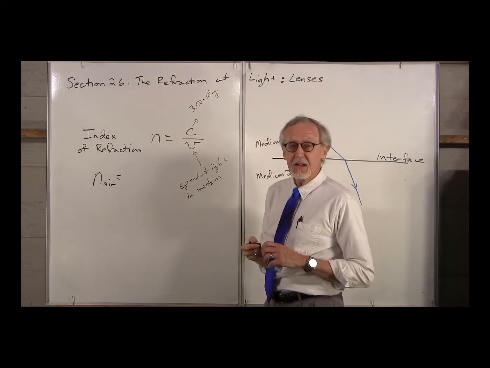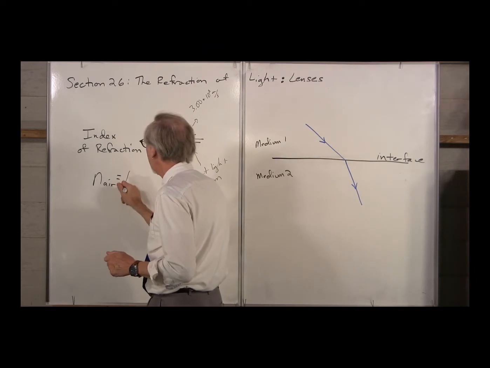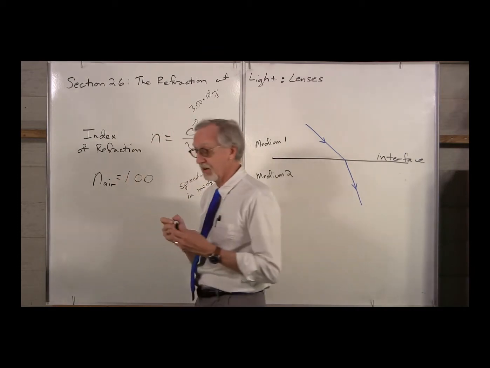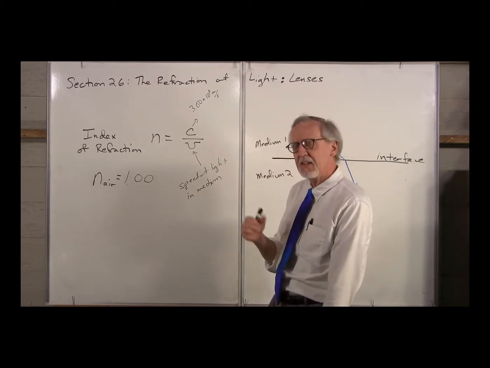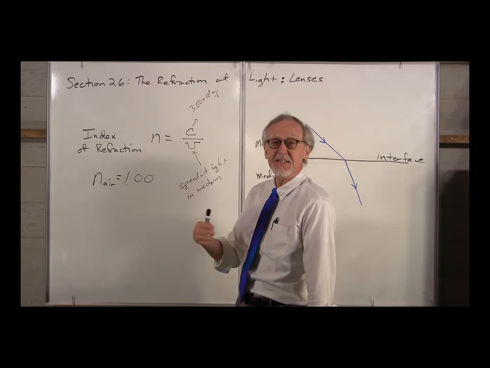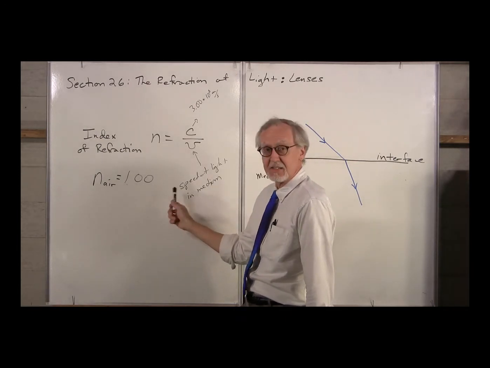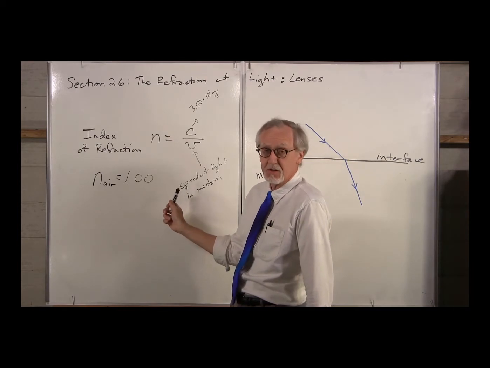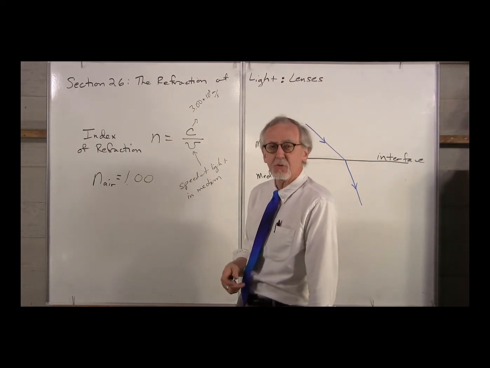The value of the index for air is, and you've got to remember this, 1.00. Well, it's not too hard to remember, I think. It's actually a little bit larger than 1, but to 3 significant figures, it is just 1. So it's actually 1.00, and then there are some other decimals that are larger than zeros, but to 3 sig figs, we can just take it as 1.00.